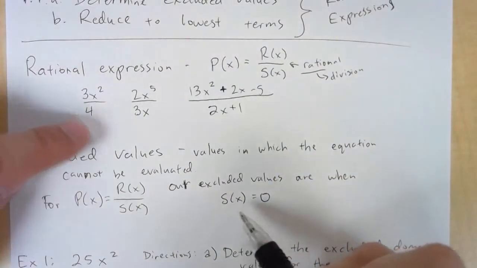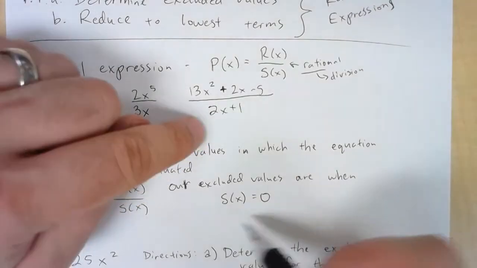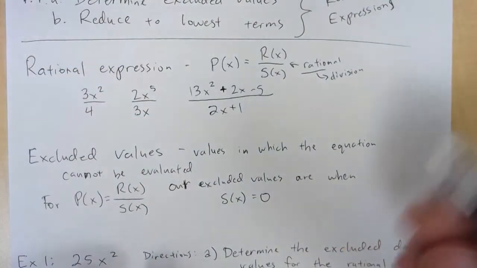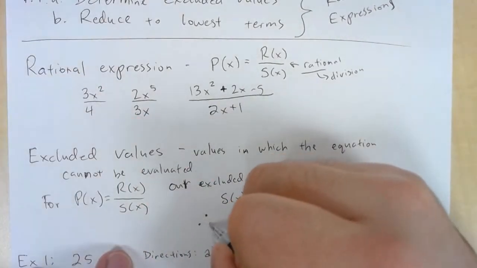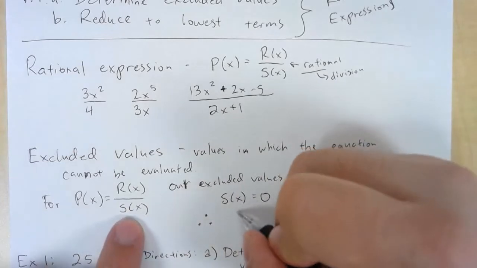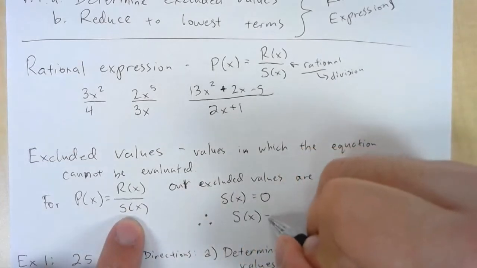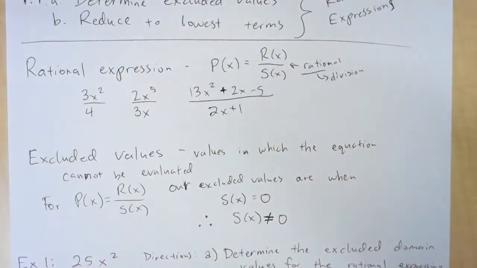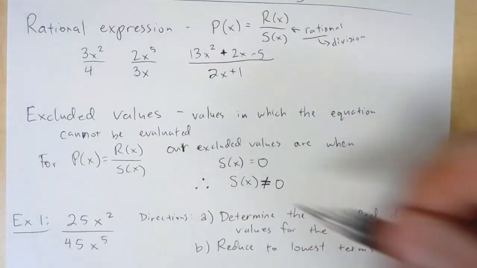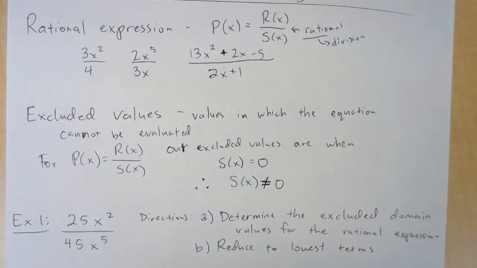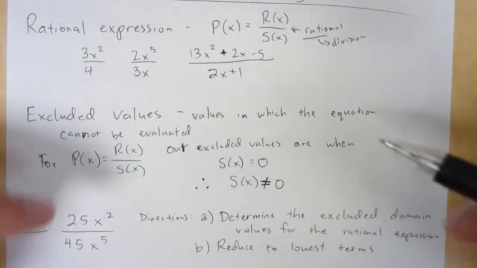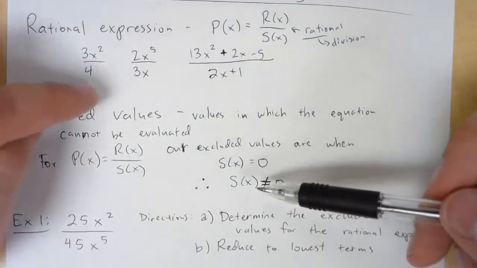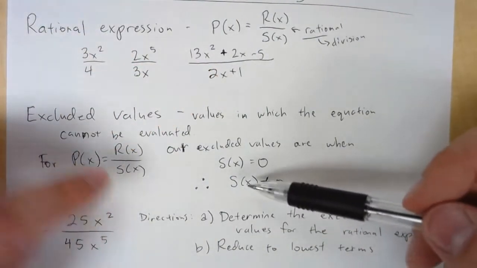So if we had 4 in the bottom, we have 4 equals 0, or 3x equals 0, or 2x plus 1 equals 0. So what we say is that whatever is in our denominator, and I'm just going to call that s of x this time, cannot equal 0. And this equal sign with a line through it just means not equal to, or cannot. It just negates the equality portion of it. So to find these values, we're just going to figure out, using our nice algebra skills, what denominators we cannot have.